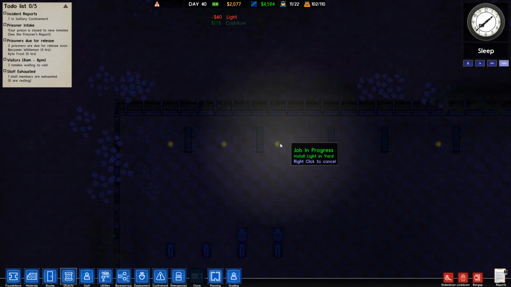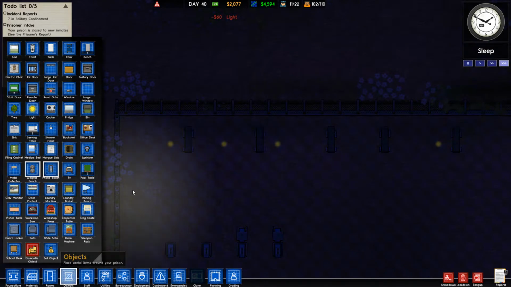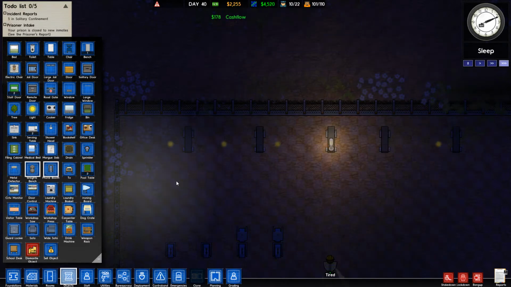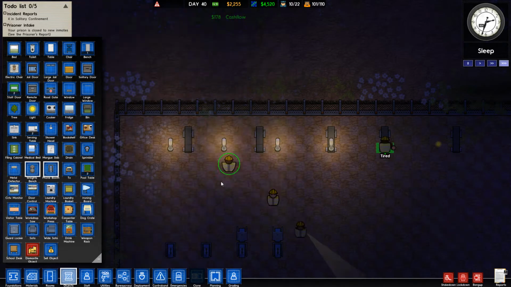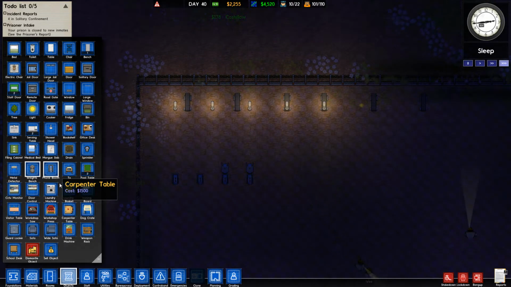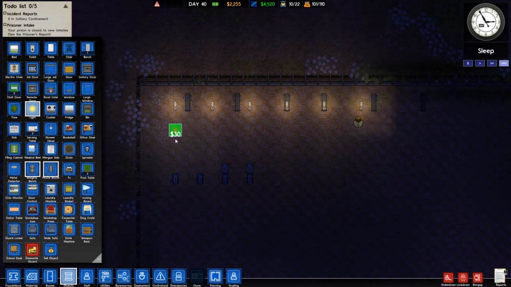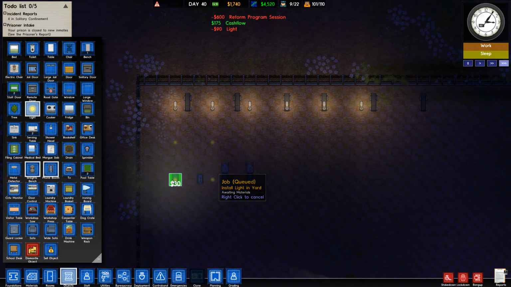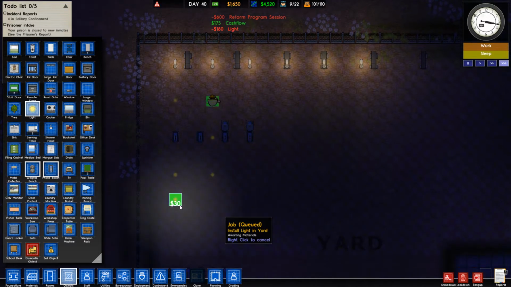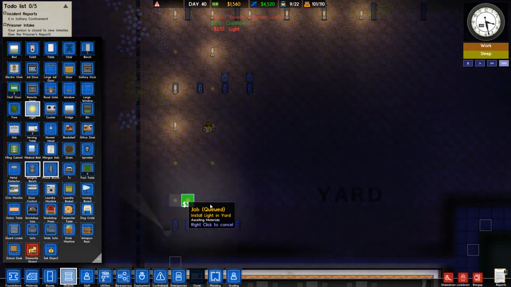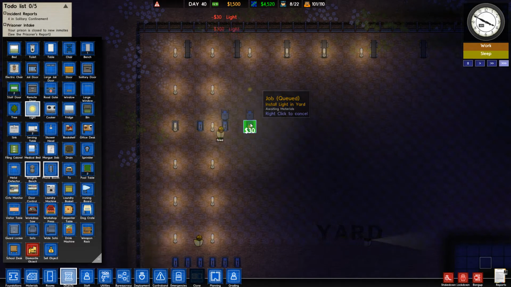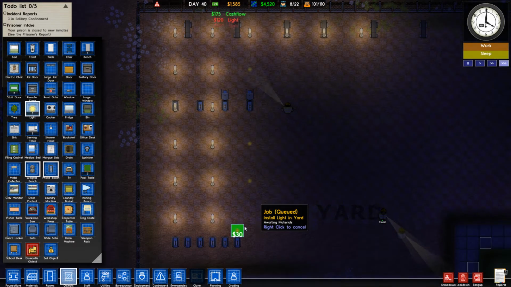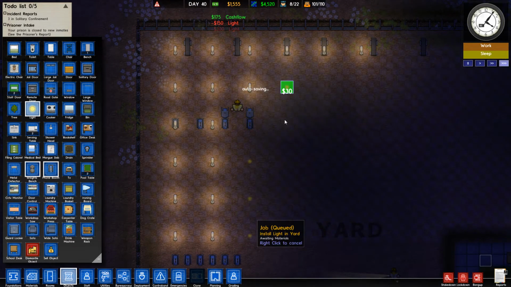Let's see if that helps. It's not exactly what I was looking for. But I think that they now have changed the... Yeah, it is what I was looking for. Those light pillars. Okay, then it's just gonna be putting up a ton of those. Considering that those guys can go to the yard at night, I want to keep eyes in there. Looks like a Christmas tree by now.